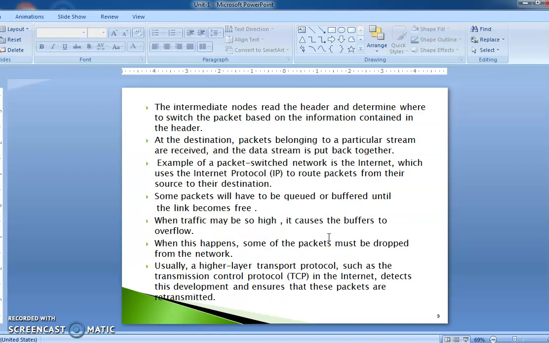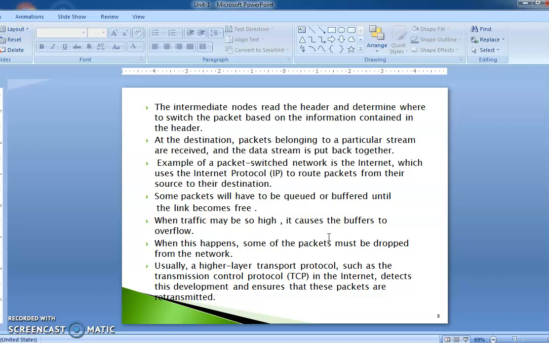The intermediate nodes read the header and determine where to switch the packet based on the information contained in the header. At the destination, packets belonging to a particular stream are received and the data stream is put back together. The order of receiving can be different, but at the receiver, they are put in proper order.